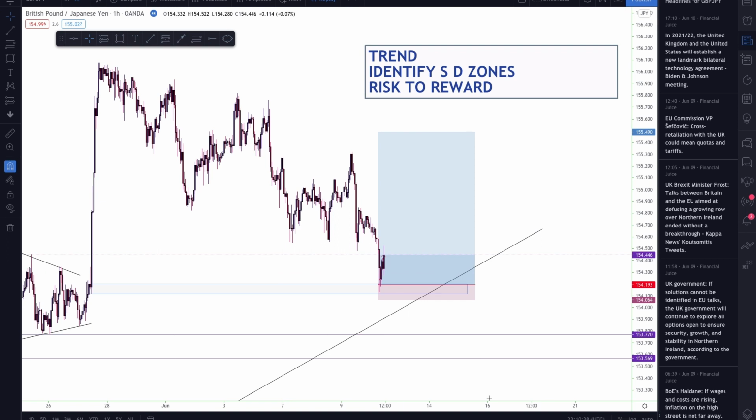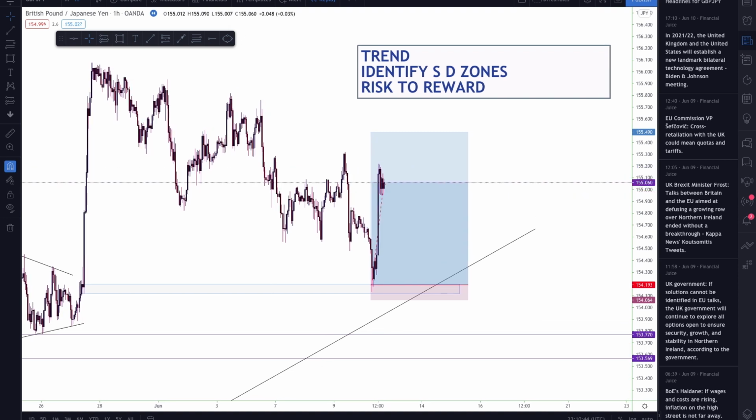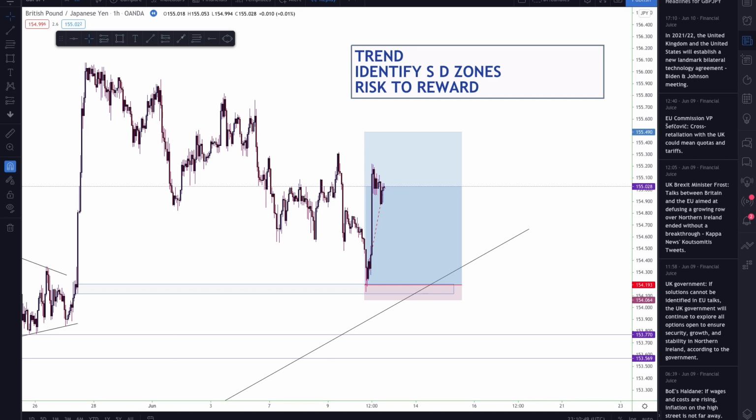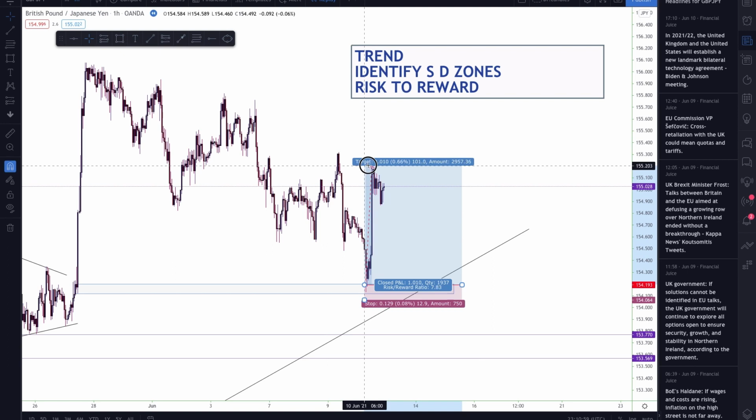See how the market took our order. So we have covered almost 1:8 risk to reward ratio.